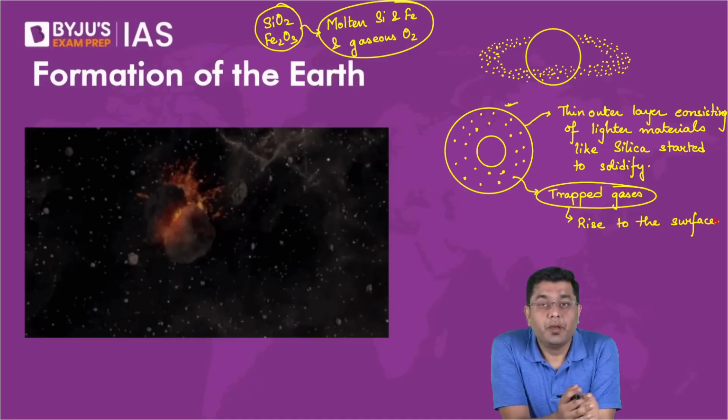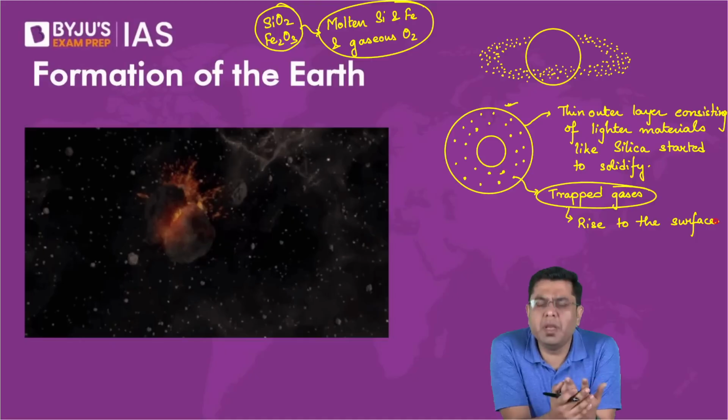When they rose to the surface, with the pressure, they would bring molten materials as well. And because the outer surface was not very hard, they could easily break through the surface. And that is how eventually you had volcanic eruptions.